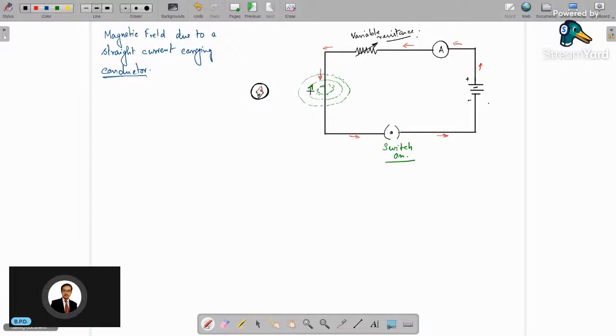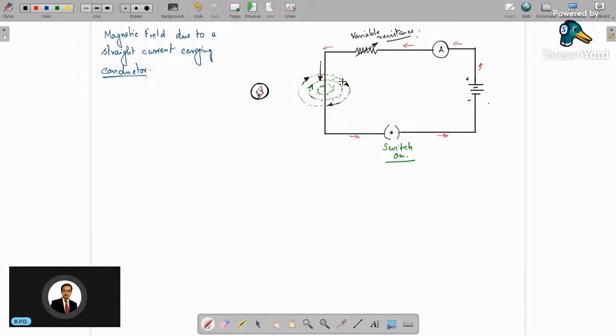So this N, if you go along this line, will actually draw this entire circular path which I am showing over here, which is directed in this direction, like this. Okay, now the direction of current is this and direction of magnetic field is this.